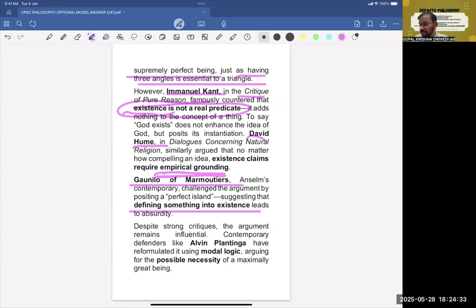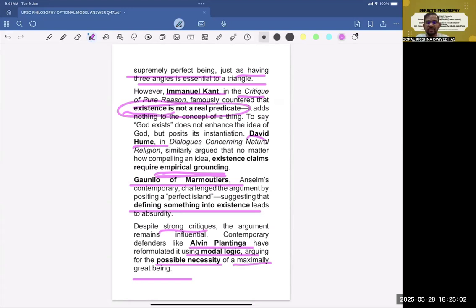But despite strong critiques, the argument remains influential. Contemporary defenders like Alvin Plantinga have reformulated it using modal logic, arguing for the possible necessity of a maximally great being. What Plantinga says is that it may not be God, but definitely there is a possibility of a maximally great being.